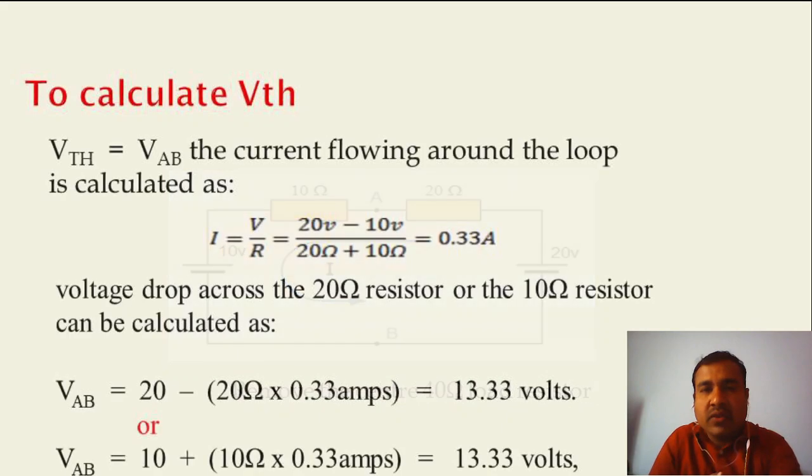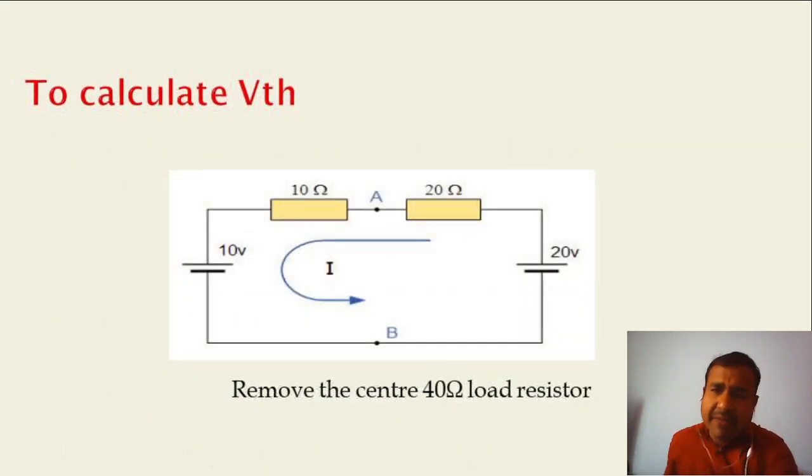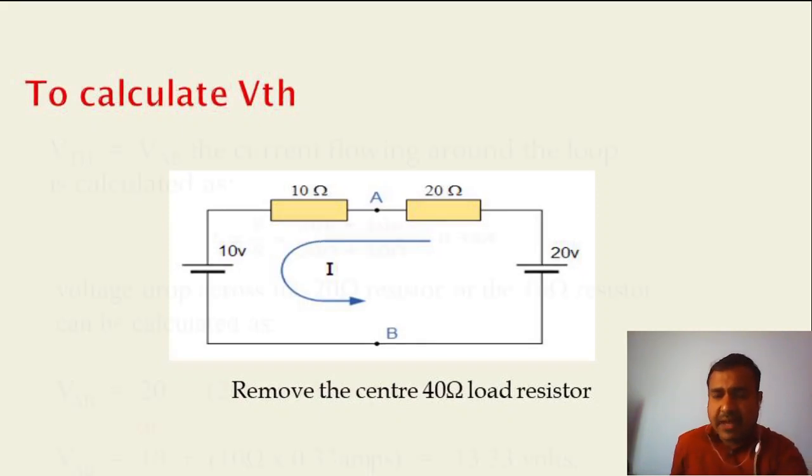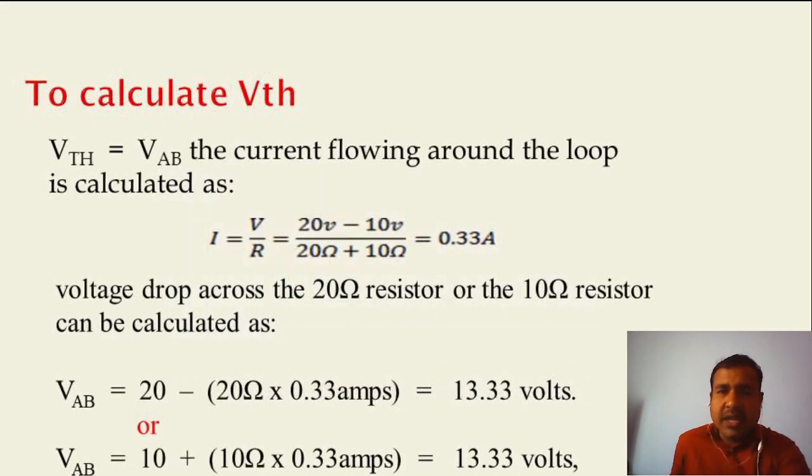Since I am moving from the negative terminal to positive, I will take it as positive, and then the voltage drop will be minus 20 into that current. So VAB is equal to 20 minus 20 into 0.33, which turns out to be 13.33 volts.